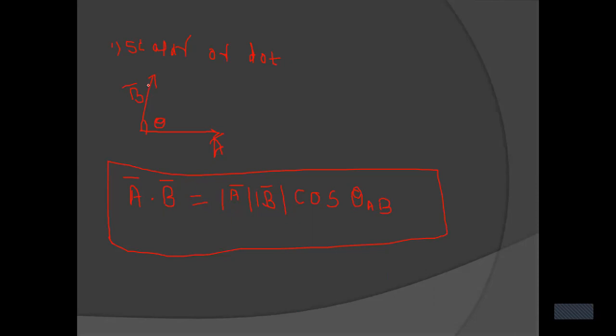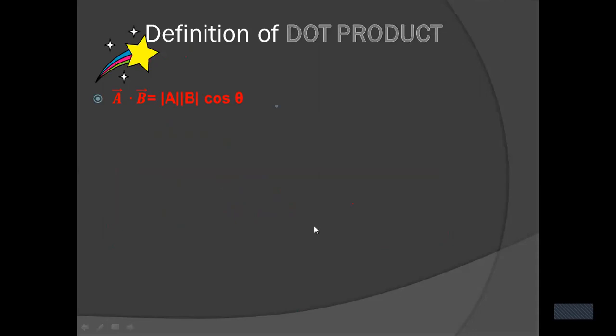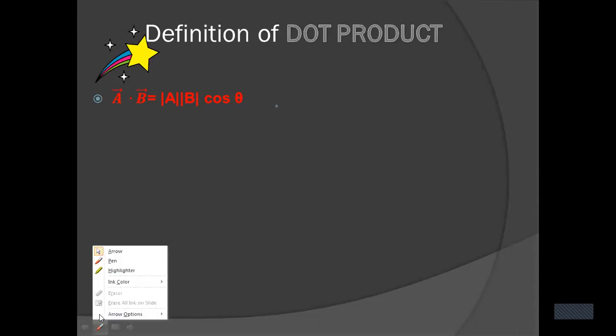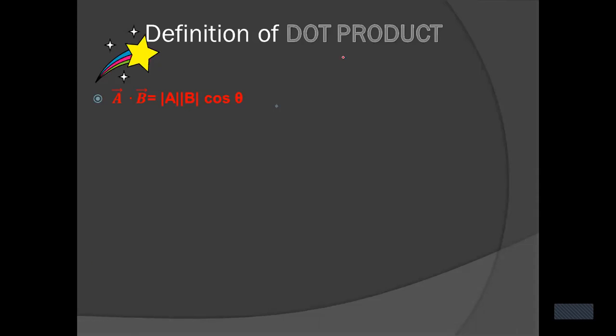Now, if we consider different conditions for these vectors, this angle may change. Sometimes that angle can be 0, pi by 2, or pi. So we'll consider these conditions here. Suppose these two vectors are parallel to each other. Here I draw the two parallel vectors.